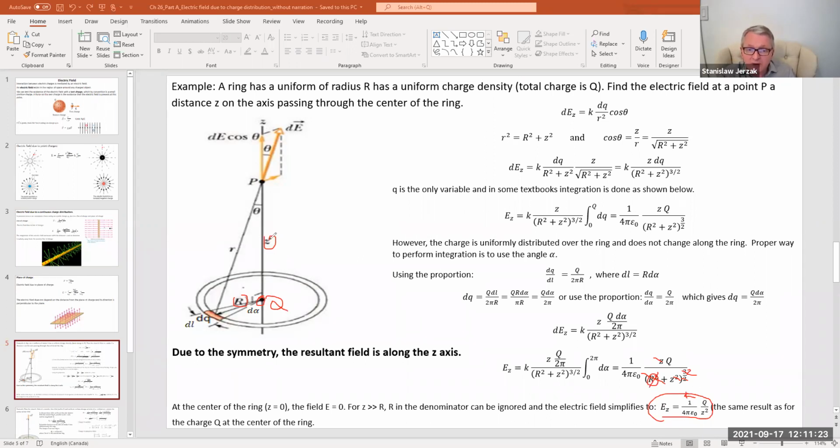So when Z is much larger than the radius of the ring, the result is the same as if the total charge of the ring is located at the center of the ring, which is this result. Any questions about these approximations? I hope this is clear.